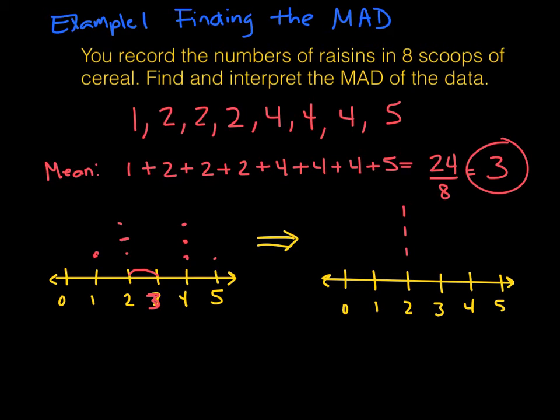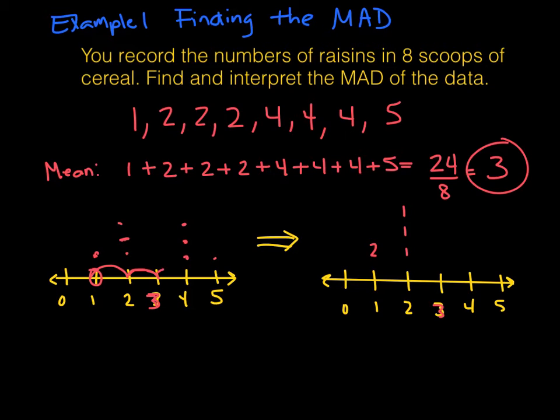Let's look at how many units 1 is from there. I got 1, 2. So it's 2 units from 3. How many of those do I have? Just 1. The reason I wrote a 2 right here is because it's 2 units from my mean, and my mean is the 3, right? Okay. Let's look at my 4s.